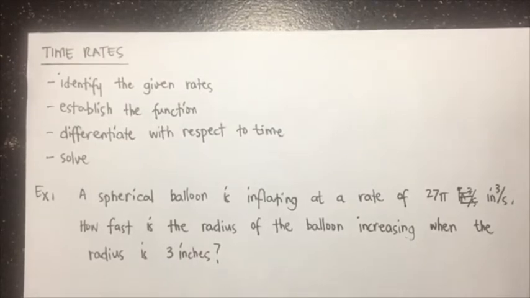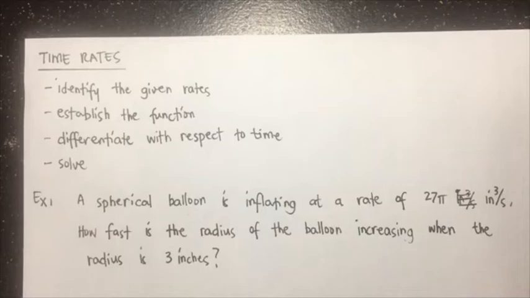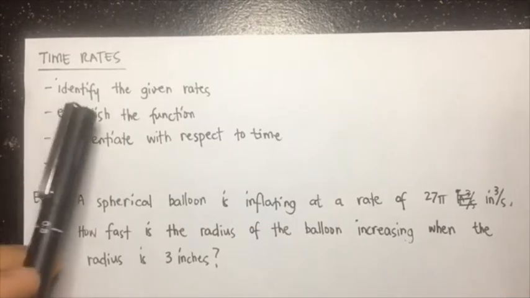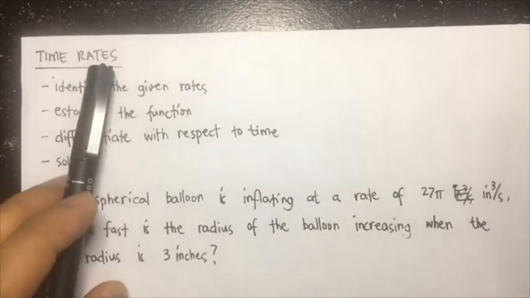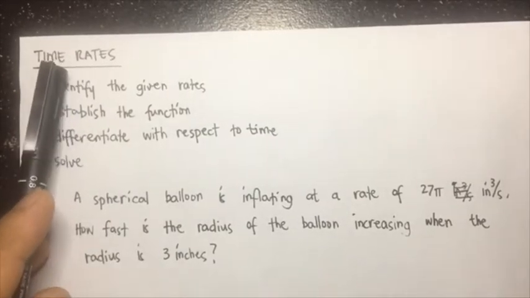Good day, everyone. So for this video, we will be discussing another application of differential calculus. So we have here time rates. When we say time rates, those are the rate of change of any physical quantity with respect to time.